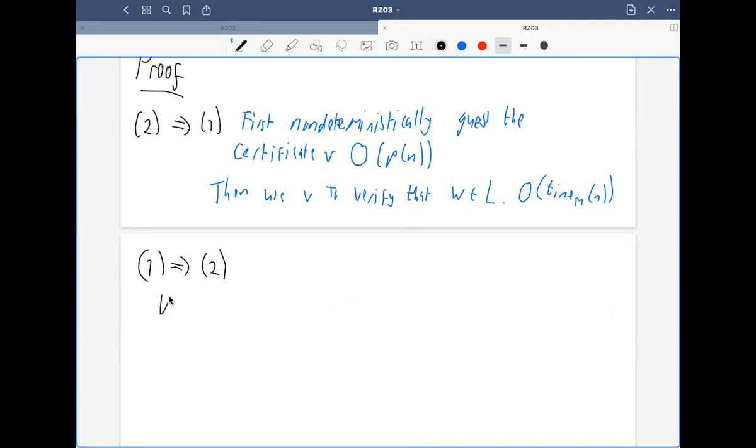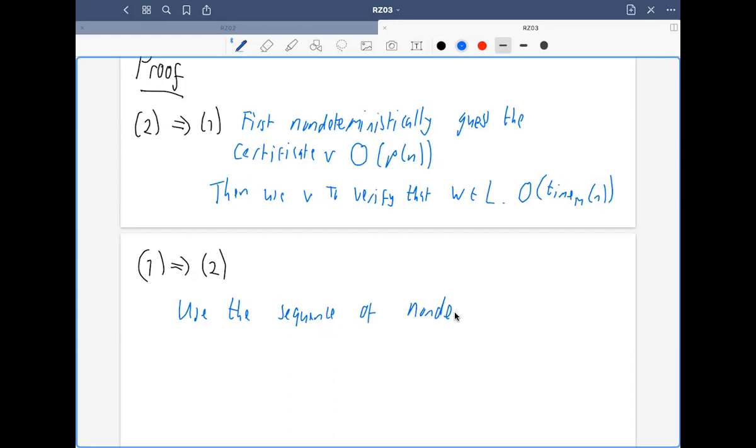So we use the sequence of non-deterministic choices. We can convert the non-deterministic Turing machine into a deterministic one by asking for some additional input, the certificate, which tells us how to resolve the non-deterministic choices. And then it becomes deterministic.